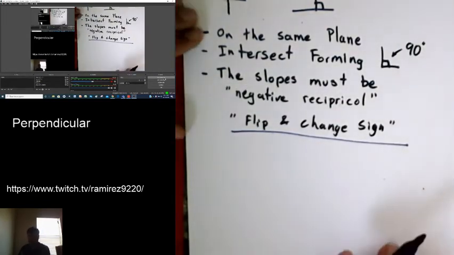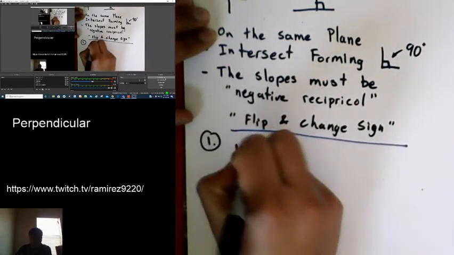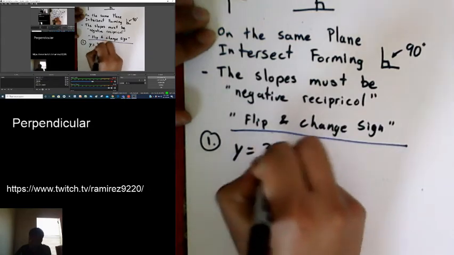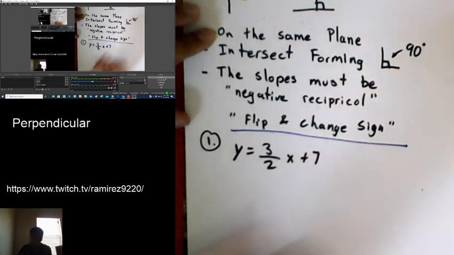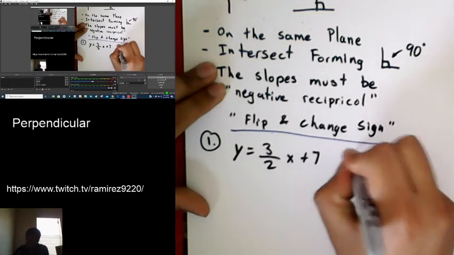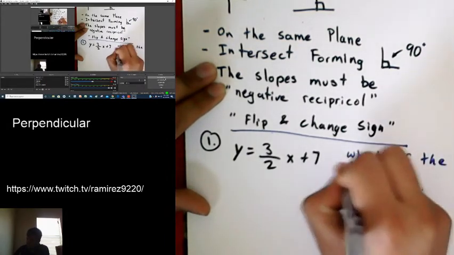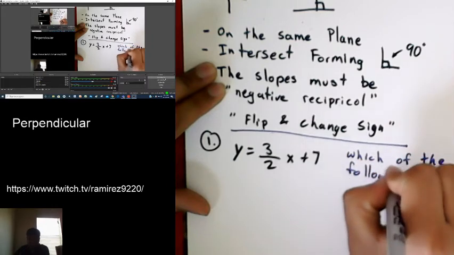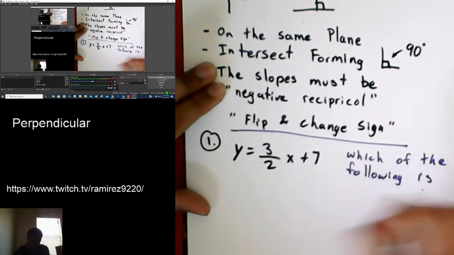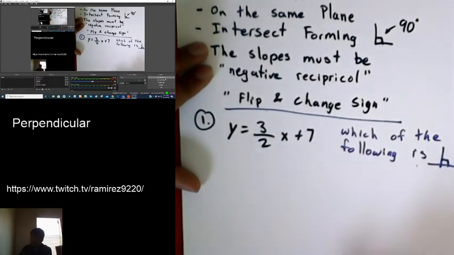Let's say you had the equation y is equal to 3 over 2x plus 7. And you needed to find out which of the following was perpendicular to it. Remember, they could always give you words or they could give you symbols.